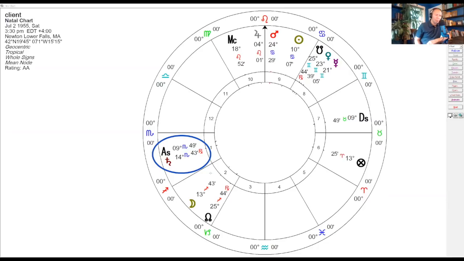And there was a lot more to this reading, but admittedly, she said, I'm just trying to figure out who I am when I'm not bearing the weight of so much responsibility. A huge theme in her chart with Saturn right on the ascendant, part of the character struggle that she is working through.